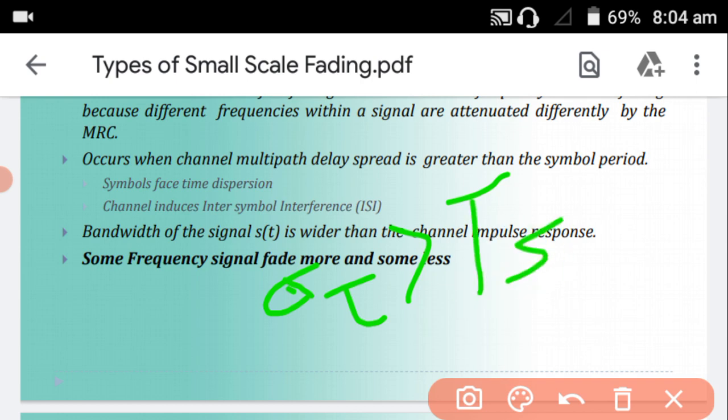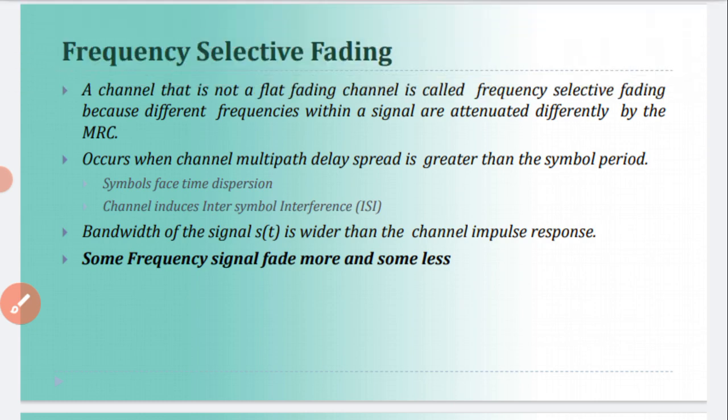This is the case. So if the delay spread of the channel is greater than the symbol period, we can say it is frequency selective fading. Also, the channel induces intersymbol interference. We know it will cause intersymbol interference of the signal.